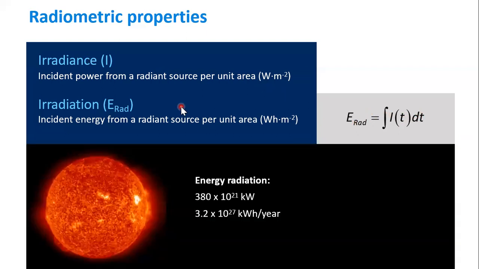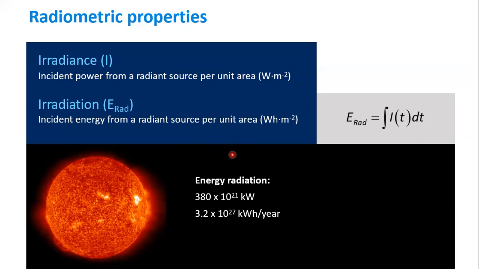For example, or some static numbers, the sun produces 380 times 10 power 21 kilowatt of irradiance, which reflects a total radiation of 3.2 times 10 power 27 kilowatt hour per year.